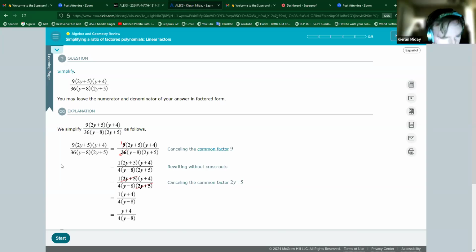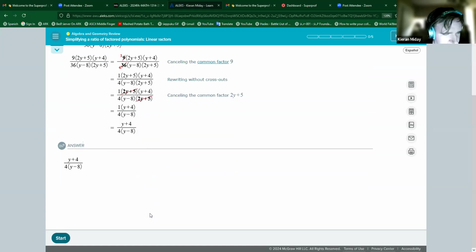You erase those, remove the bracket by multiplying 1 by y plus 4, which just gives you y plus 4.